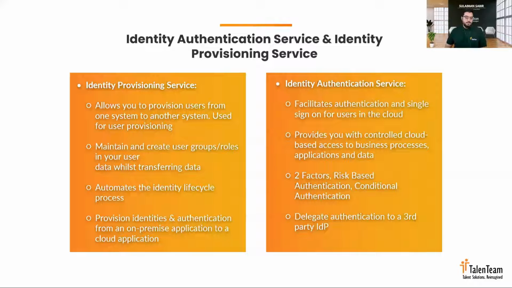If you're transferring from SuccessFactors and pointing towards Analytics Cloud, whilst transferring that data you can add transformations, add different user groups, and those groups will have different authorizations within the app. You can also create user groups as well. This automates the identity provisioning lifecycle, as it allows you to automate provisioning and deprovisioning of users. It is very flexible across the board because it can be used on-premise and with different cloud applications, and it's compatible with multiple different pieces of software.